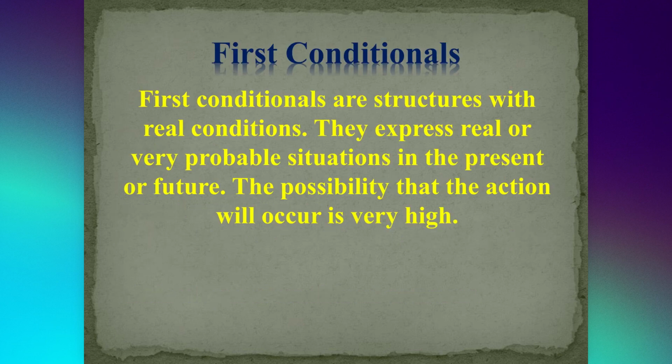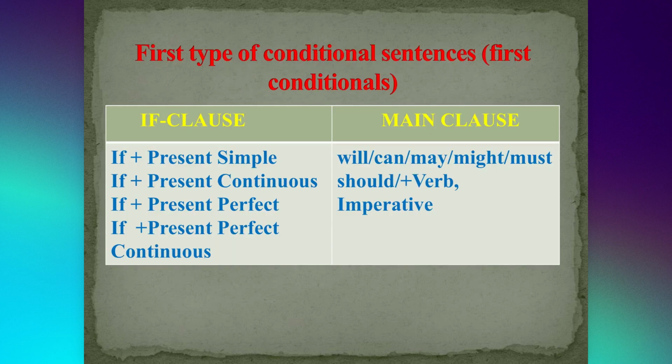First conditionals. First conditionals are structures with real conditions. They express real or very probable situations in the present or future. The possibility that the action will occur is very high. Talking about conditional sentences, you should understand that these sentences are divided into 2 parts, if clause and main clause.